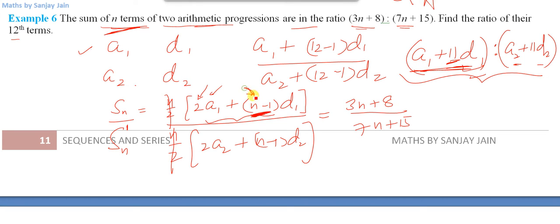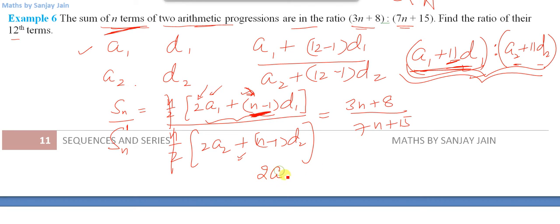So this is a manipulation that you need to do. To have 22 here, n should be equal to 23, right? What I can do is place n equal to 23 everywhere on both the sides, so that it will give me this ratio on the left hand side. Let me show you how.